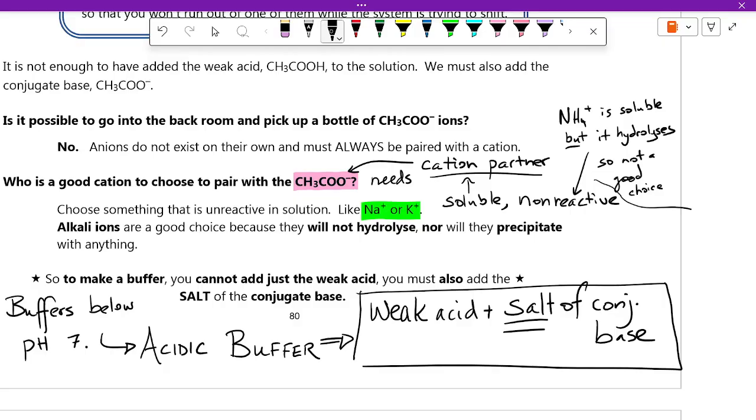So if you want to buffer at pH 4, you'll choose a weak acid and the salt of its conjugate base. If you want to buffer above pH 7, can you guess what you would want to use? A weak base and the salt of its conjugate acid.